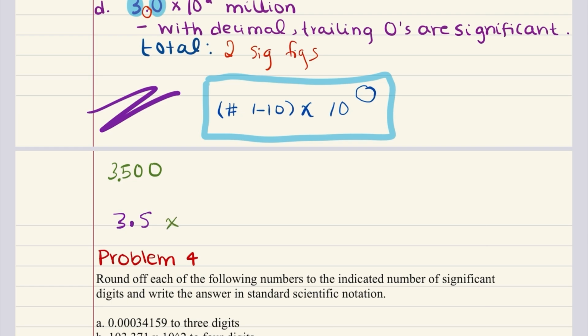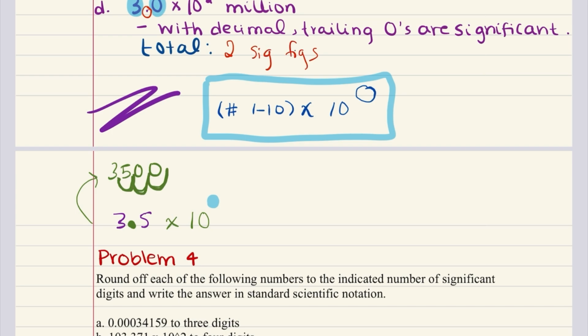This 3.5 is going to be multiplied by 10 to some power. How do we determine what that power is? Okay, if my decimal point is right here between 3 and 5, it's 3.5. First and foremost, what direction does the decimal place need to be moved to get us back to our original number of 3,500? This decimal point needs to move to the right for us to get back our number. How many units to the right? 1, 2, 3.